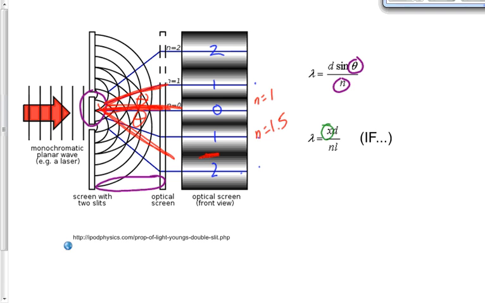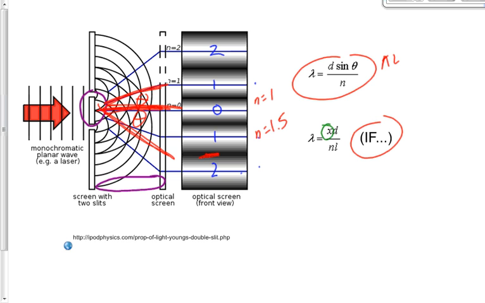We left out something, though, this big capital letter bolded if. There is no if with the first equation. The first equation, d sine theta over n, is always valid. We're allowed to use that 100% of the time. It is not an approximation. It's an exact value for lambda. The second equation, however, is an approximation. It's a very good approximation.